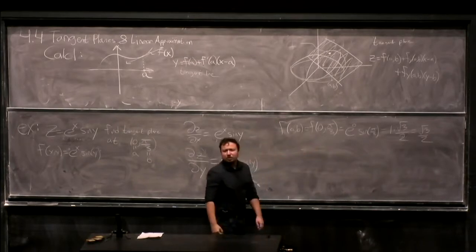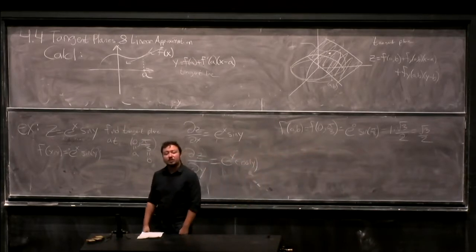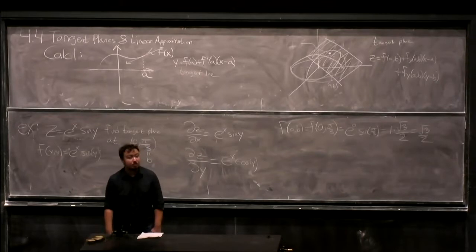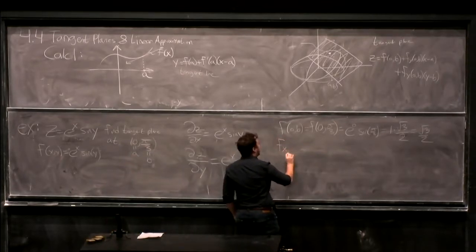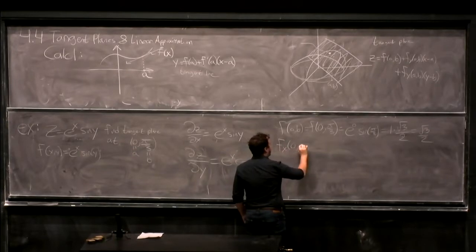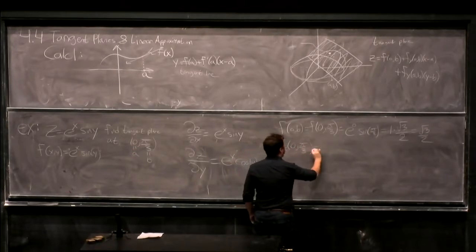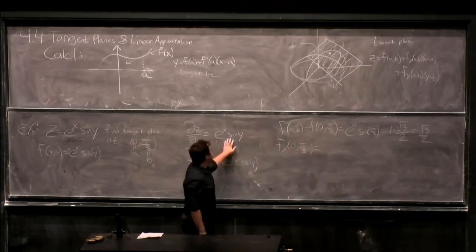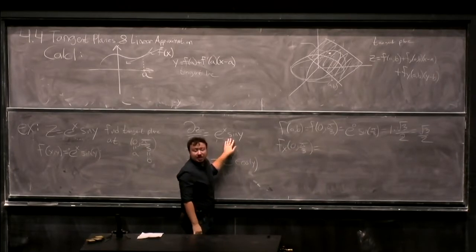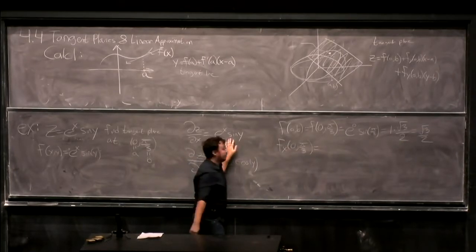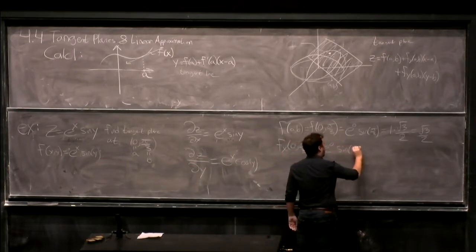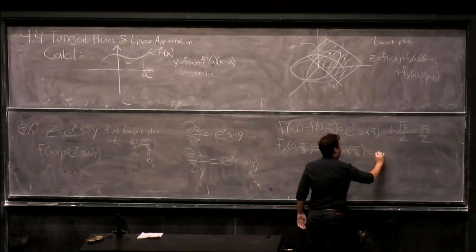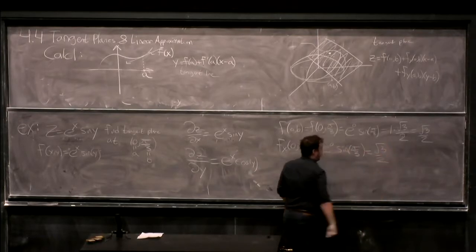And not only that, but we do need to know what the partial derivatives of this function are at the particular point. So we have our x partial derivative at 0, pi over 3. Well, we're just going to plug it in to this. But that's the same as plugging it into the original function. So we already know what that's going to be. It's going to be root 3 over 2.